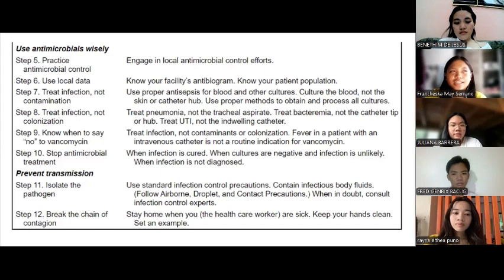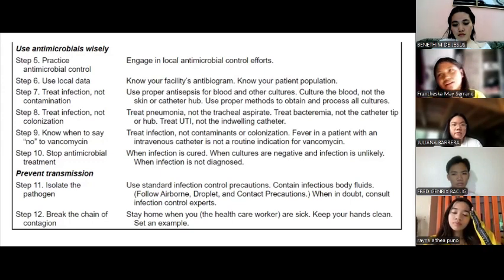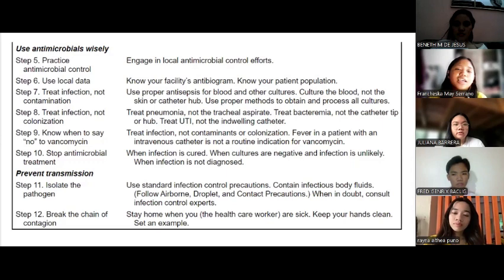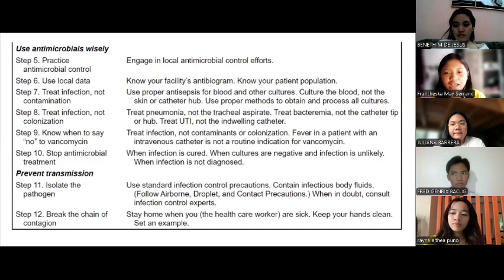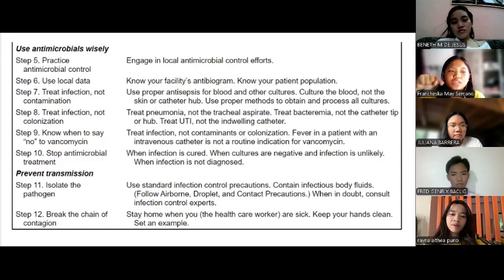Like, kasi example, kunyari, hindi siya nag-observe ng proper hand hygiene, hindi tama kung saan niya kinuha yung specimen, and hindi tama yung lalagyanan. So, nag-introduce na siya ng another microorganism sa specimen, which dapat iwasan kasi dapat hindi iti-treat ng antibiotics kasi dapat yung infection yung iti-treat mo, hindi yung contamination. Kasi if yung contamination, nag-i-introduce ka na naman ng antibiotics for that, which will lead to unnecessary use of antibiotics.